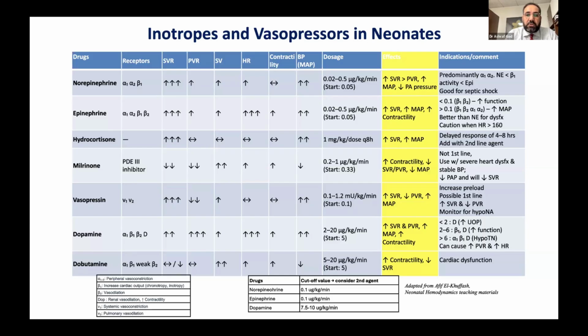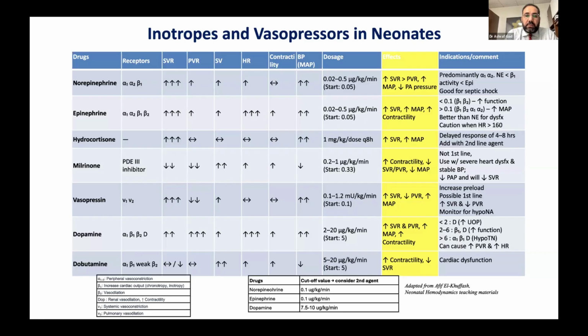Dopamine, I'm not sure what your experience with dopamine is, but it has fallen out of favor because of the bad effects that we mentioned, especially the effect on the pulmonary vasculature and the unpredictable effect on the afterload and systemic blood pressure. So try really not to use it. If used, we just use a small dose, maybe 7.5 maximum to 10.